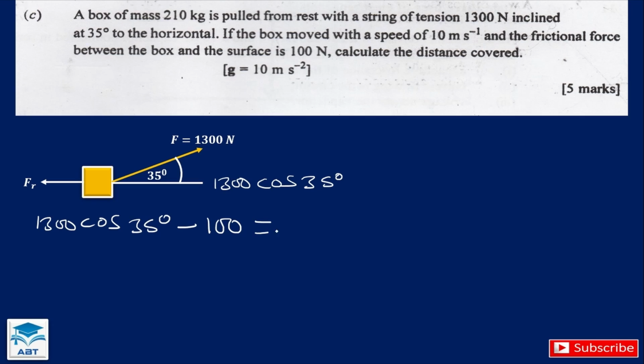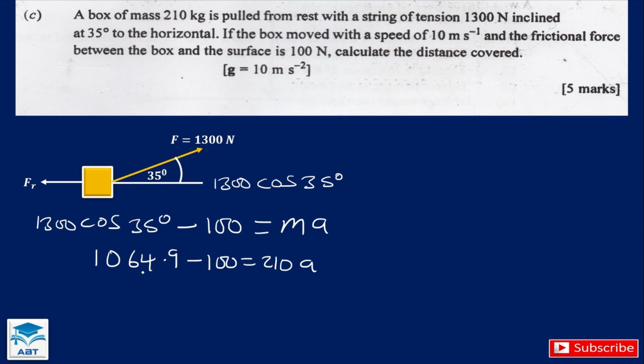And you know, force is equal to mass times acceleration. So we have an equation here. 1300 cos 35 degrees is 1064.9. Then we have minus 100 is equal to the mass, which is 210 in the question, times the acceleration.